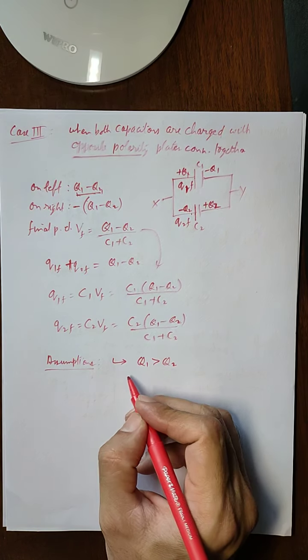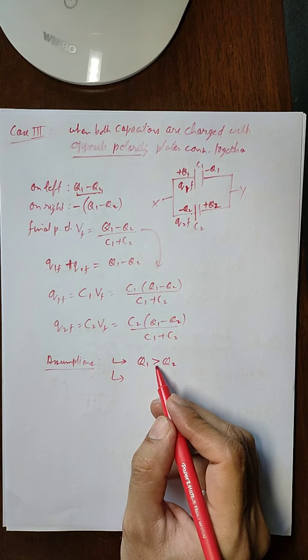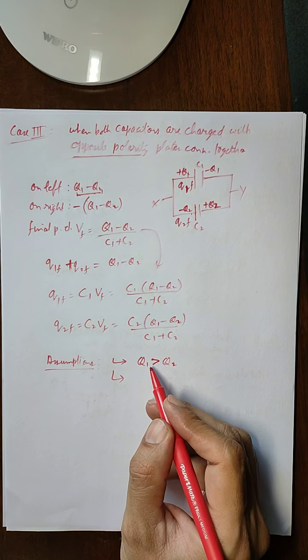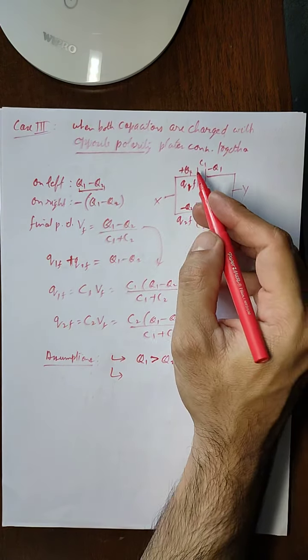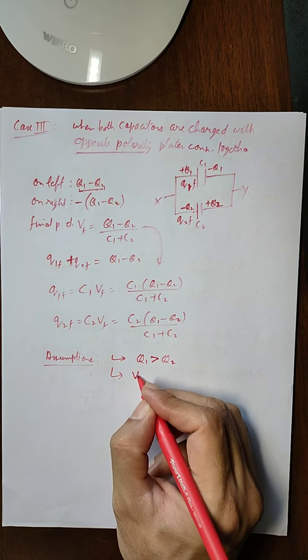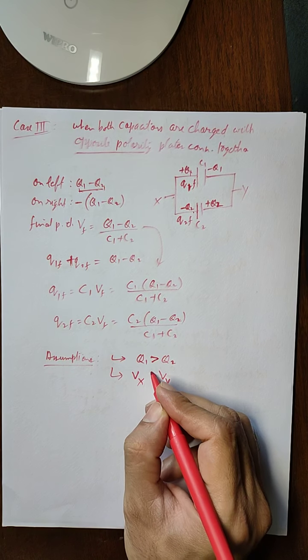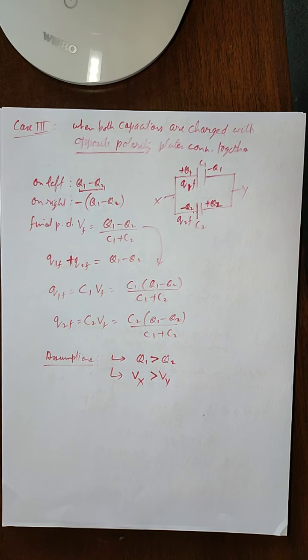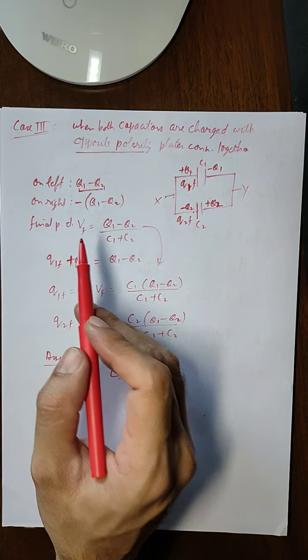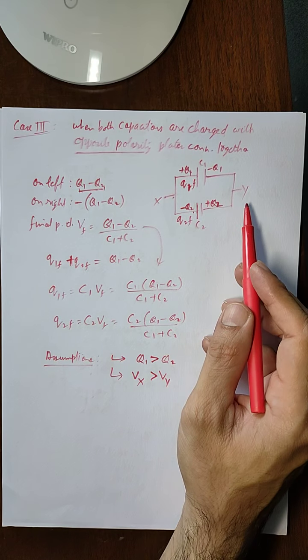And the second assumption comes from this first assumption only: if Q1 is greater than Q2, then the potential on X is greater than the potential on Y. So the potential difference Vf that we have calculated is actually the potential difference Vx minus Vy.